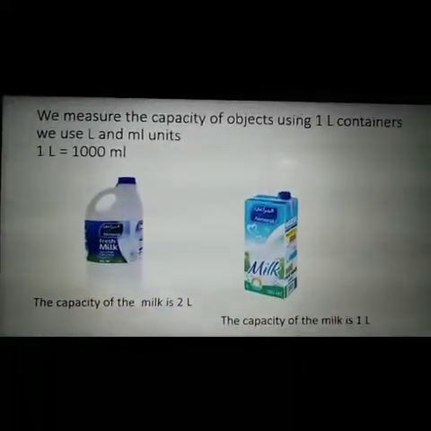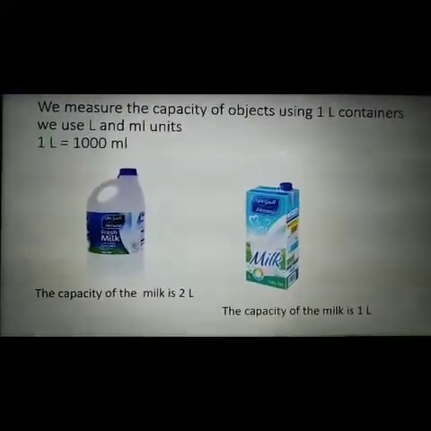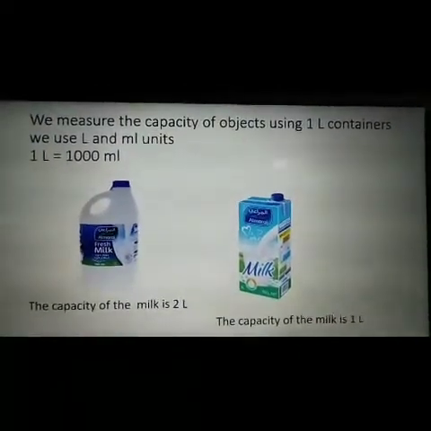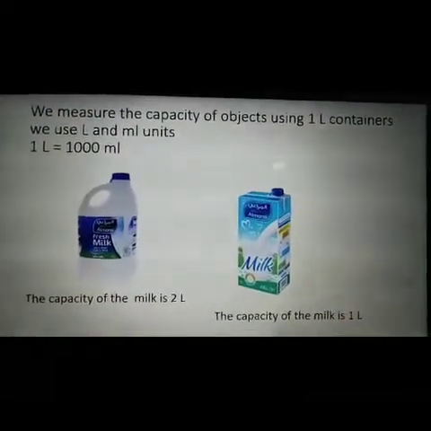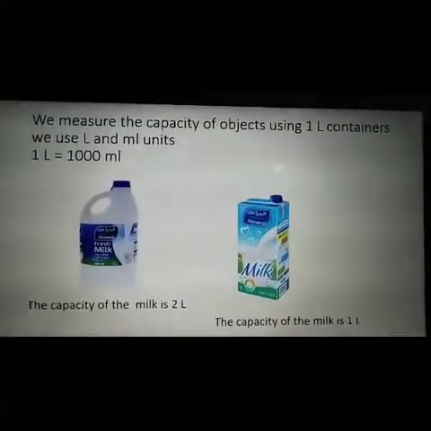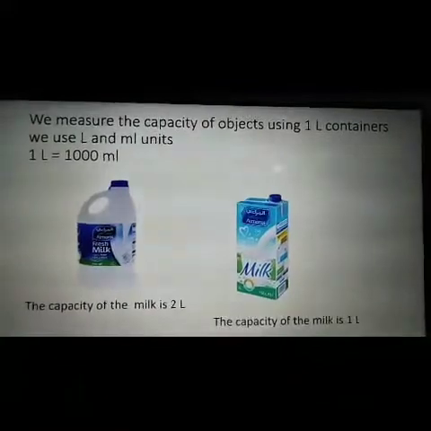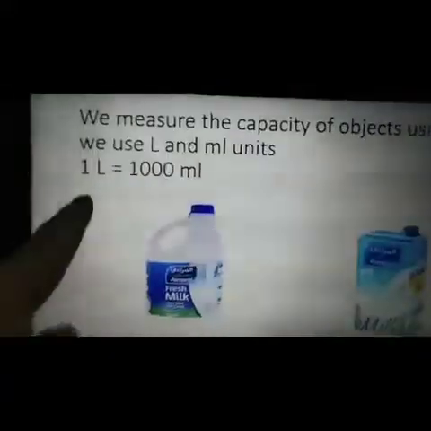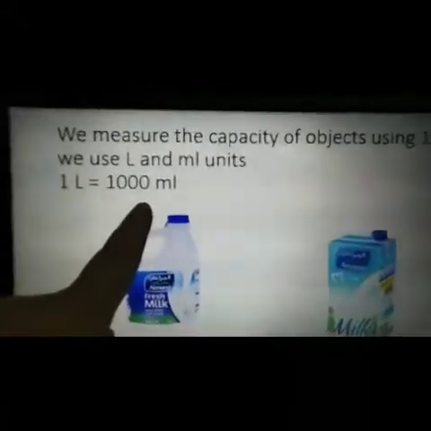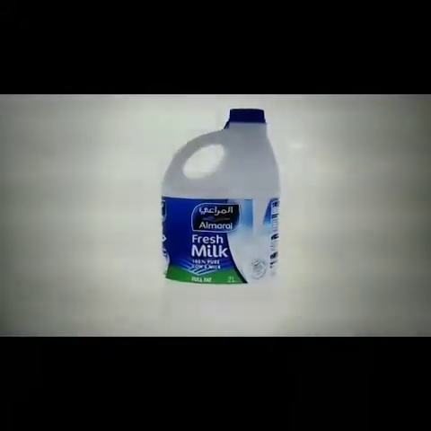In this slide, we have examples that show us how we measure the capacity of objects. We measure the capacity of objects using 1 liter containers. We use the unit liter and milliliter to measure the capacity. Each 1 liter equals 1,000 milliliters. Look at this milk container and read its capacity.